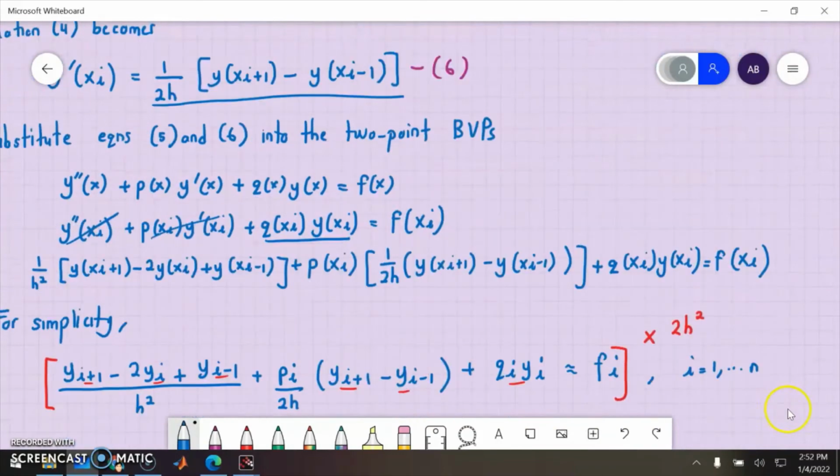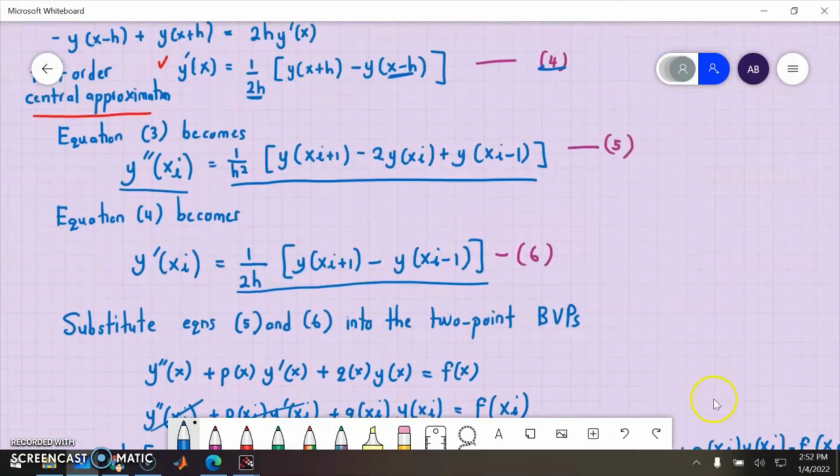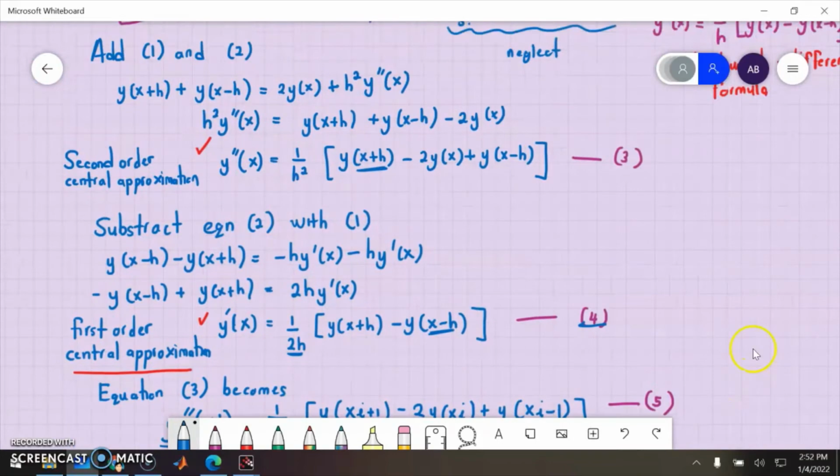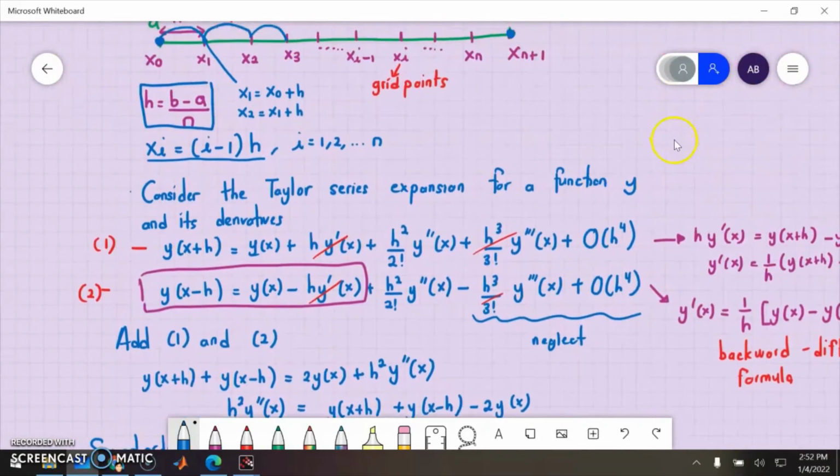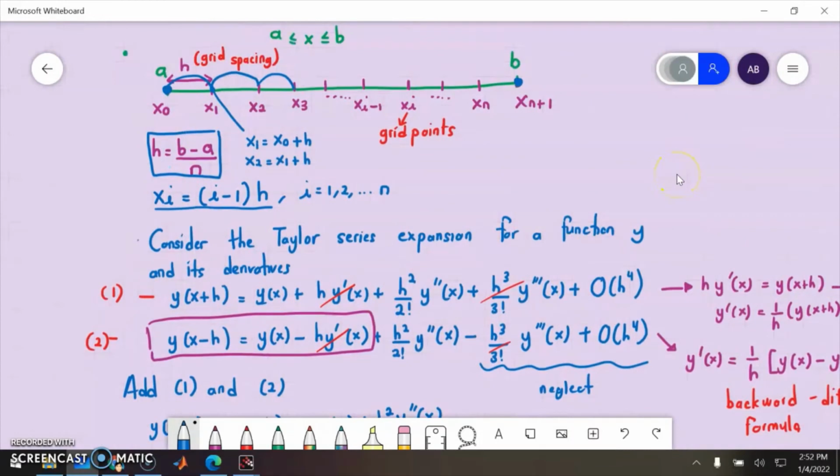I've already told you when I was sketching the grid points: this is my x_0, and y_0 equals a.